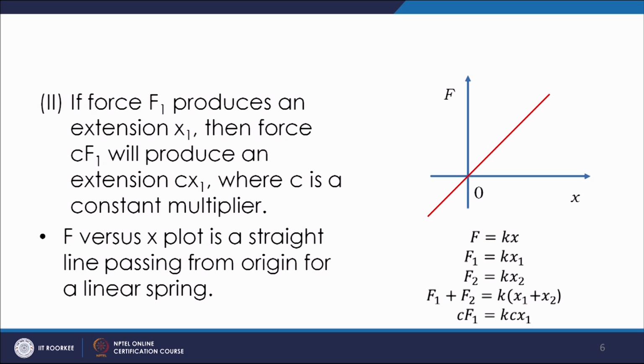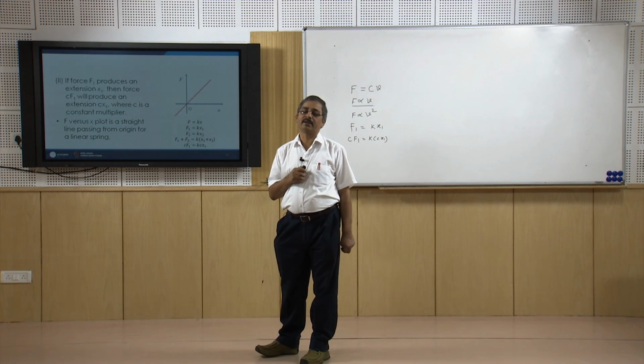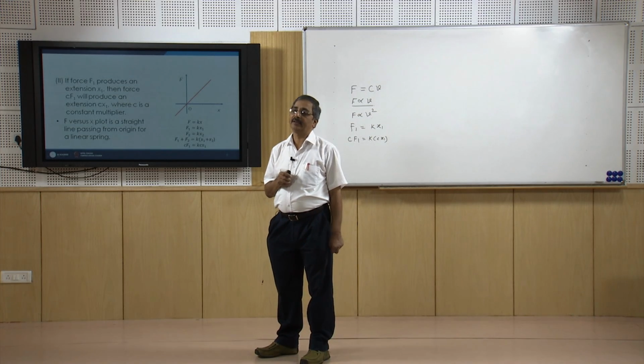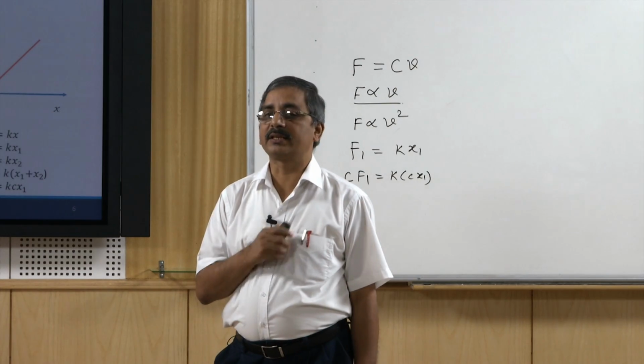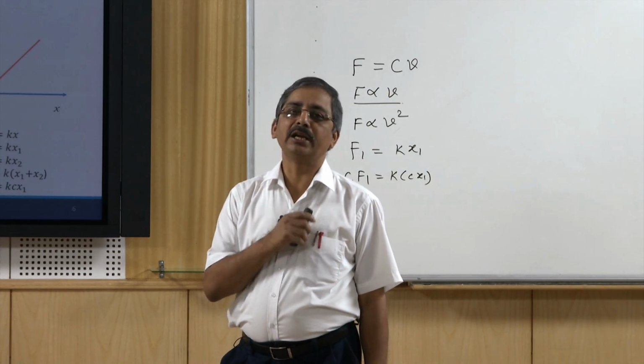Then if I combine F1 plus F2, I should get K times x1 plus x2. Likewise, if I put CF1, I should get C times Kx1. If this type of behavior is exhibited by any system, then we call such a system a linear system.